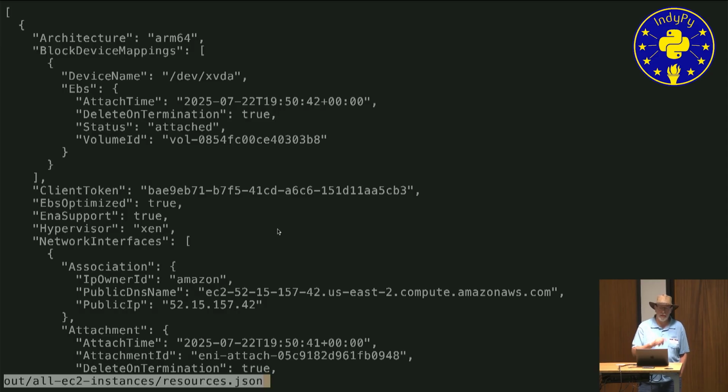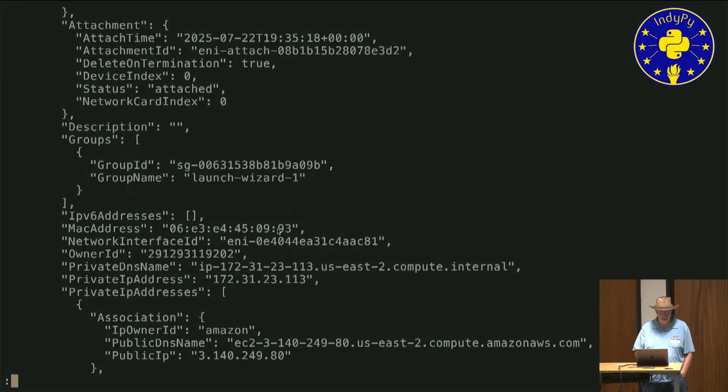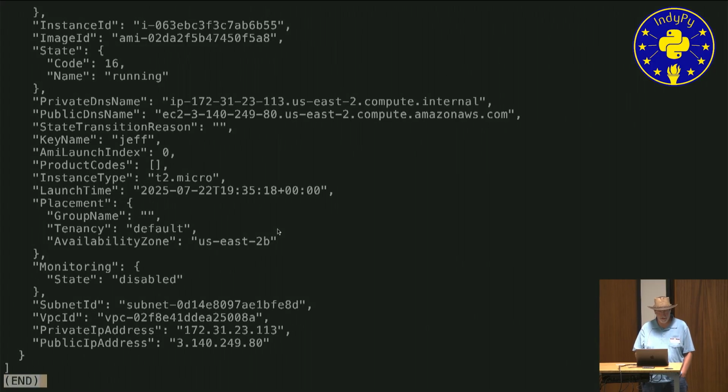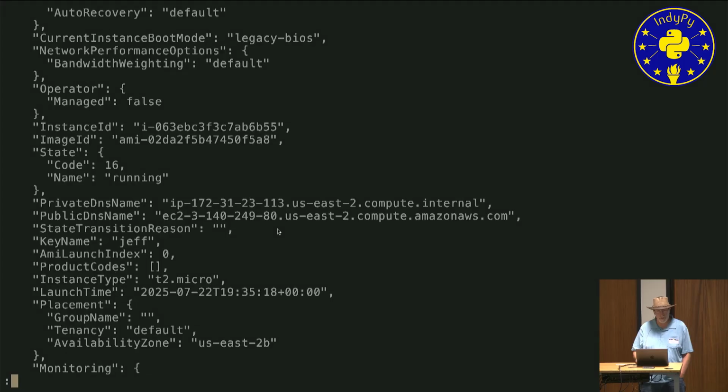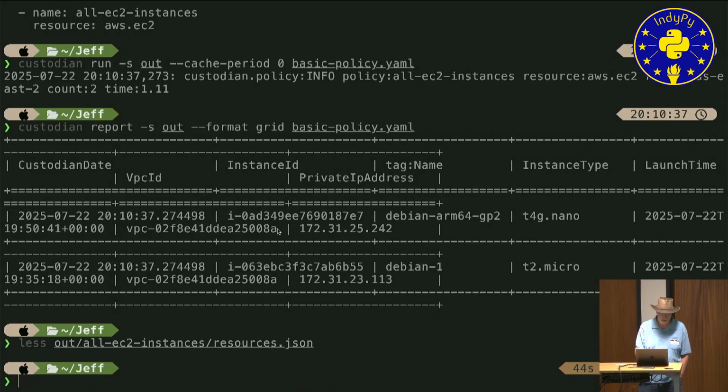So what you're looking at here is the actual JSON that came back from the AWS APIs that it's using to do all of the things that it does. And this will become important in a minute. You can see there's all kinds of fun JSON stuff in here. You get the idea. All of these fields are available to custodian to use in interesting ways.